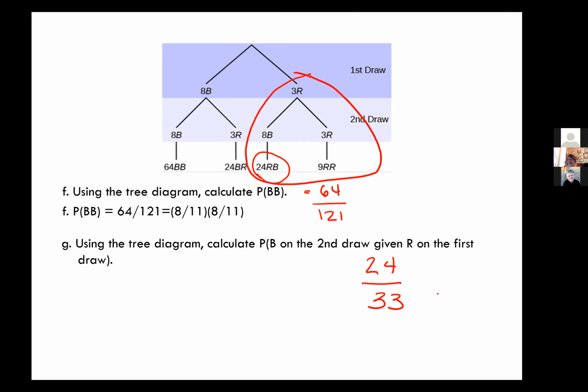So again, the sample space is reduced. This is a conditional probability. So the second ball draw is dependent on what the first draw was. So what's the probability of me getting a blue given I've already picked a red out? So that's that second branch.